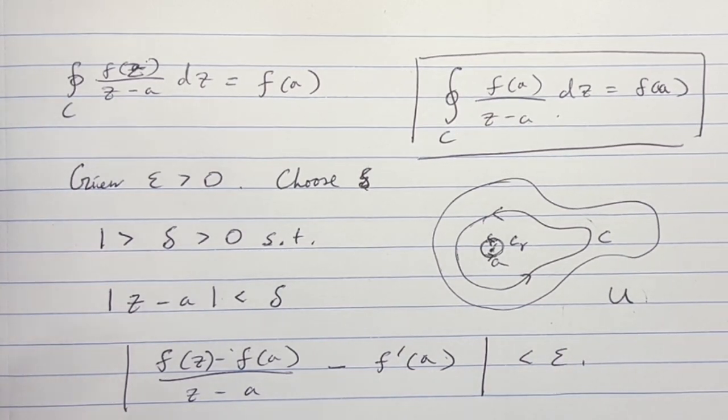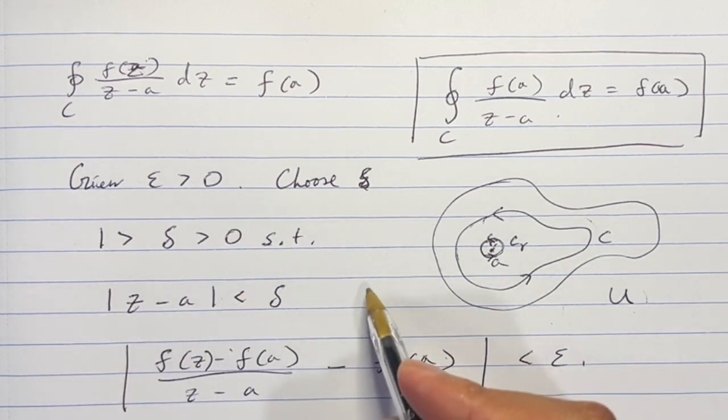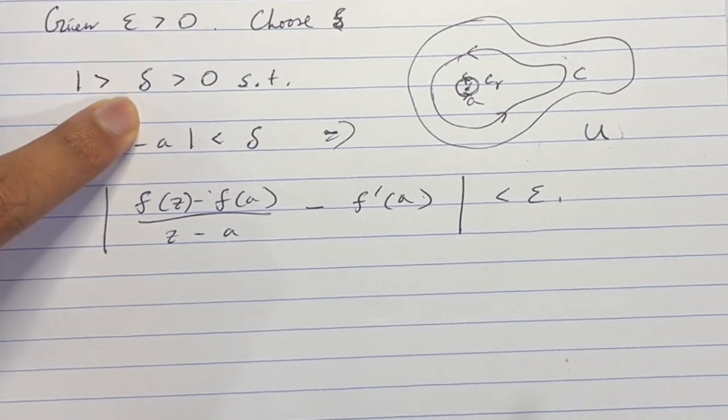This is the definition of the derivative existing, right? For all epsilon, there is a delta such that this implies this. So we've chosen a delta.